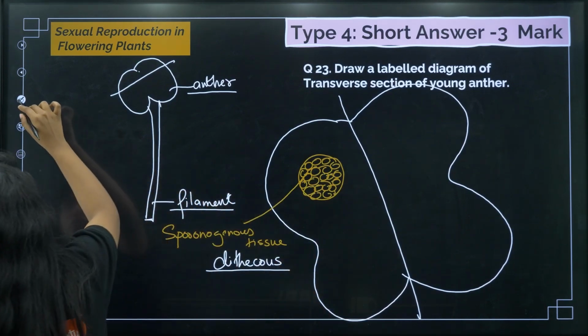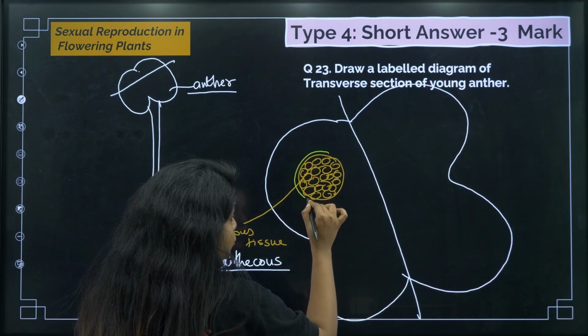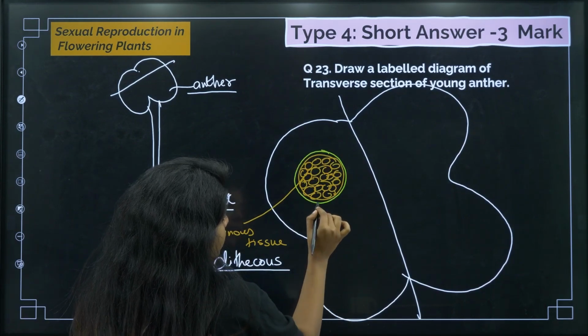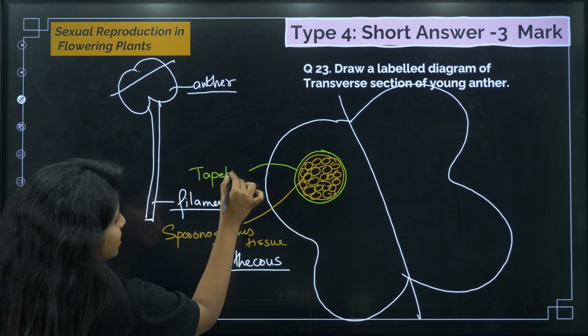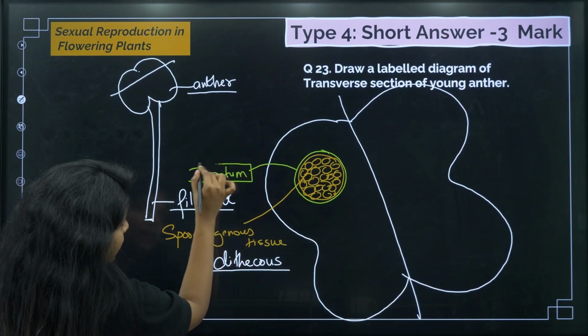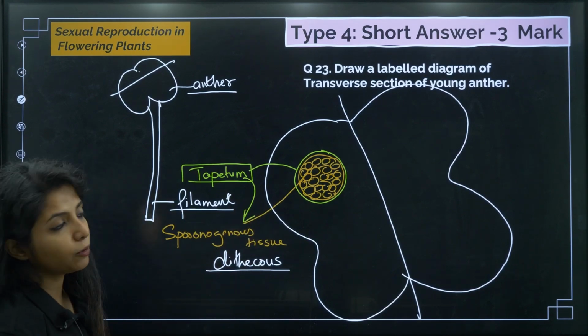Now, the sporogenous tissue is covered by a layer of the next type of tissue. You call this tapetum, and tapetum is the only layer which provides nourishment to the growing cells over here.